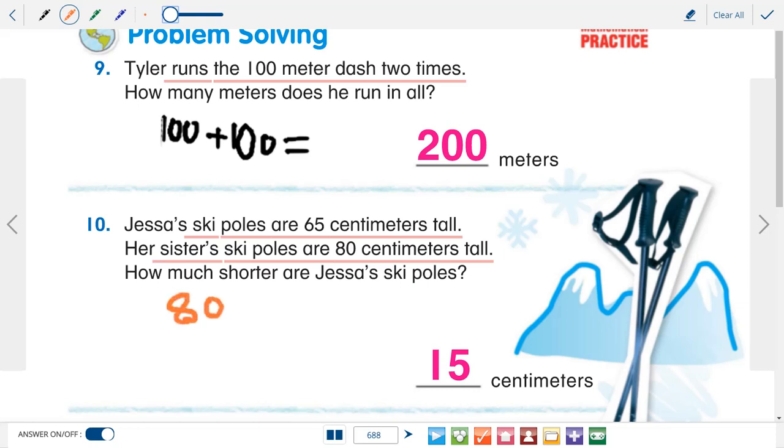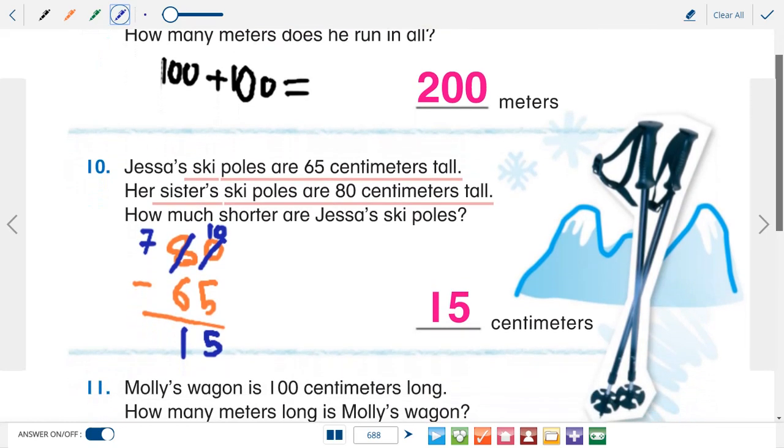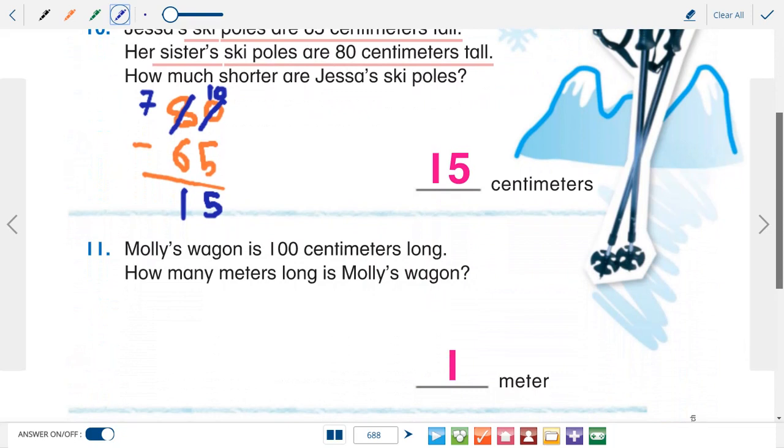I'm going to make it as clear as I can. 65. So we know that now I'm going to use another color. We can subtract 0 minus 5. So it will become 10. And 8 is going to be 7 because we took 10 from it. So 10 minus 5 is 5. 7 minus 6 is 1. Okay? That's why it is 15 centimeters.